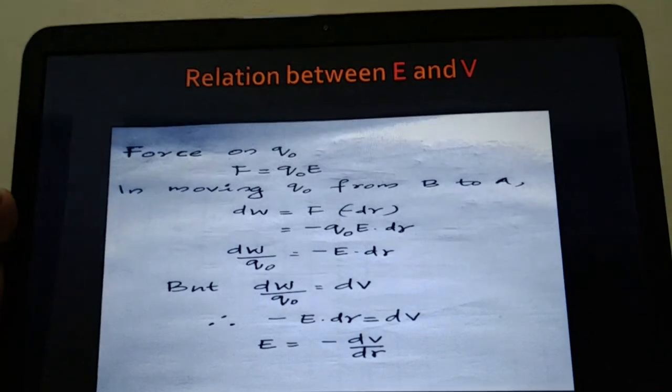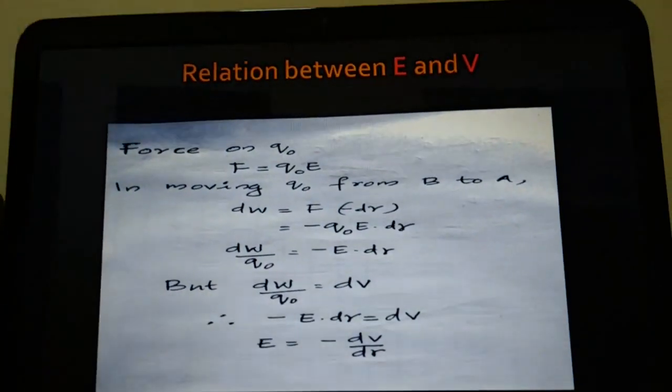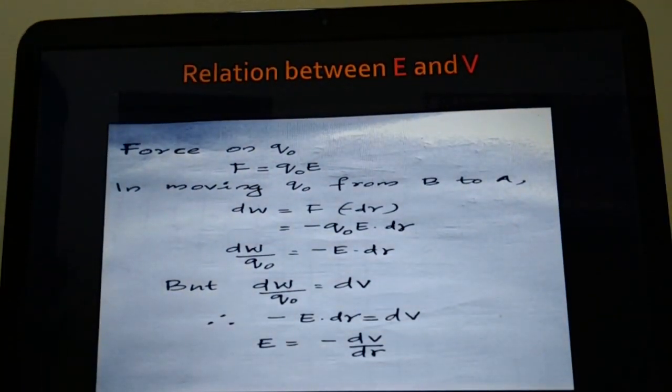The potential difference between 2 points is the work required to move unit charge from one point to the other. So here we have brought q0 amount from B to A. For that you have to do a work dW. So we can calculate dW by q0.